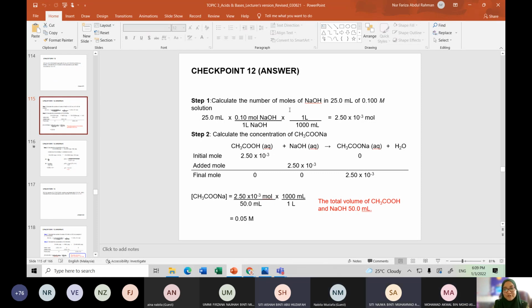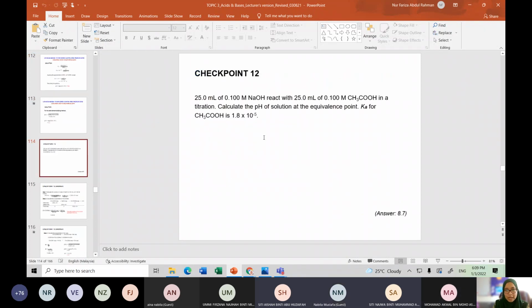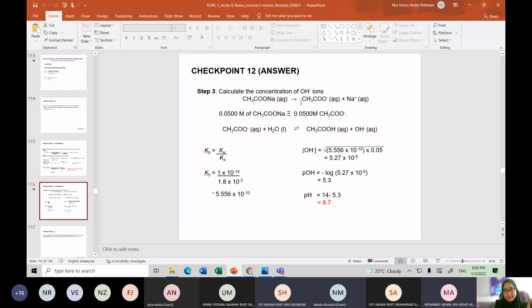Ini dia tak tunjuk, sorry. Mana tadi? Baik. Satu. This is the titration, the neutralization reaction. Second, the salt dissociation. And then the third one is the salt hydrolysis. Ada 3 lah.